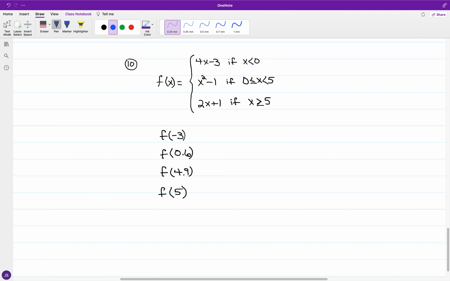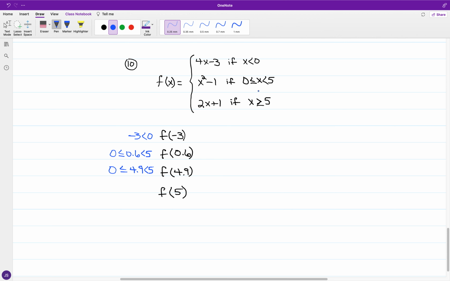So for f of -3, any negative value is less than 0, so -3 is less than 0. Now for 0.6, 0.6 lies between 0 and 5. Likewise, 4.9 is between 0 and 5. Now for 5, that number appears at the end of the second inequality statement, and also in the last inequality.